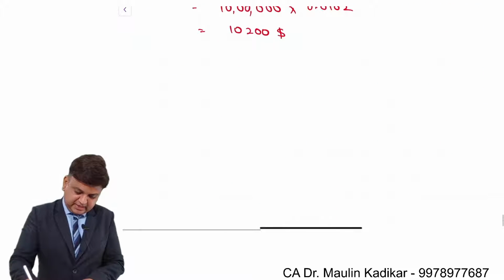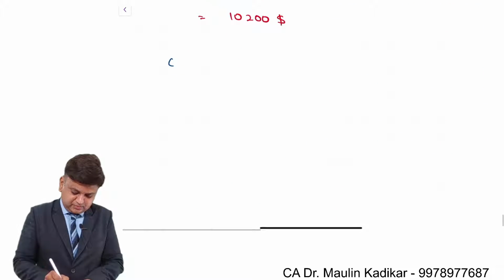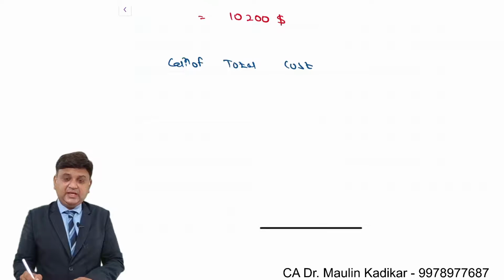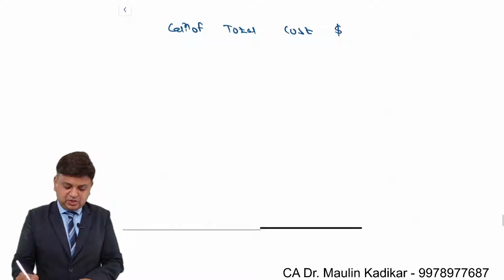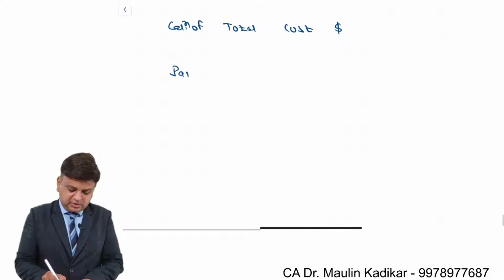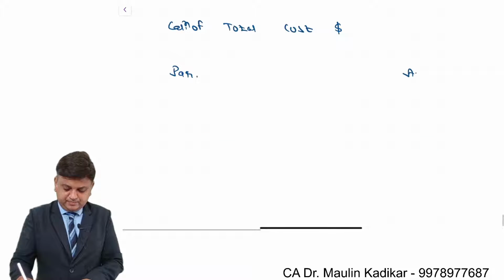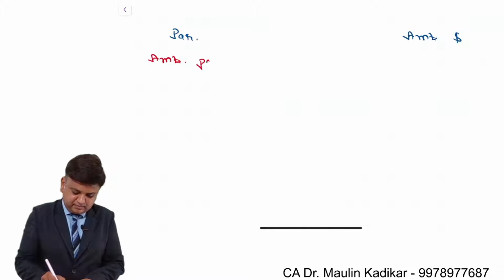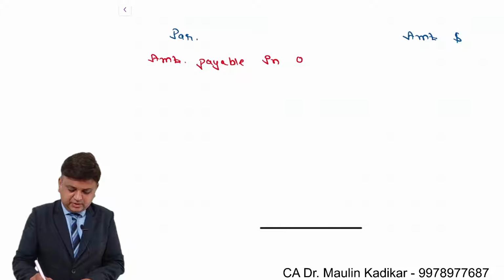Next, calculation of total cost. In that, of course in the dollar currency, particulars and amount. The first is amount payable in option contract.